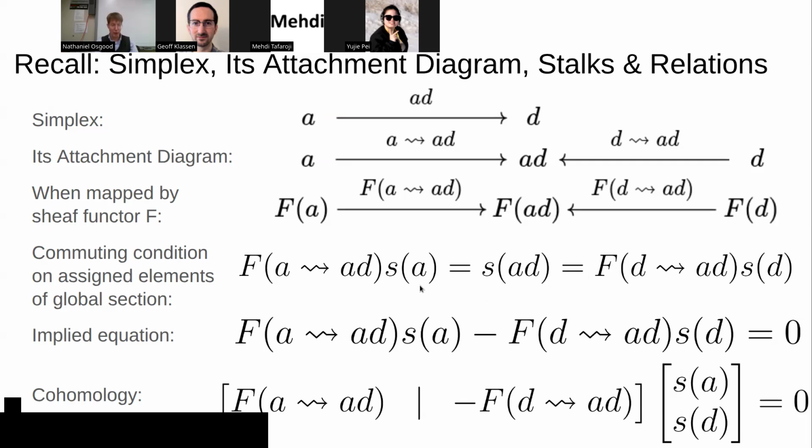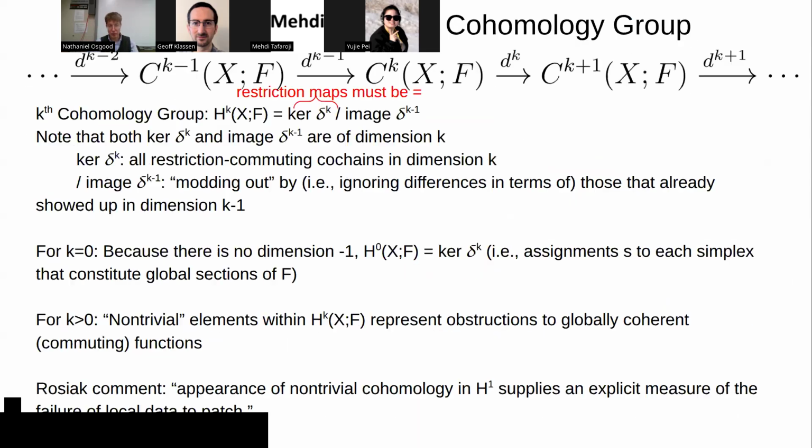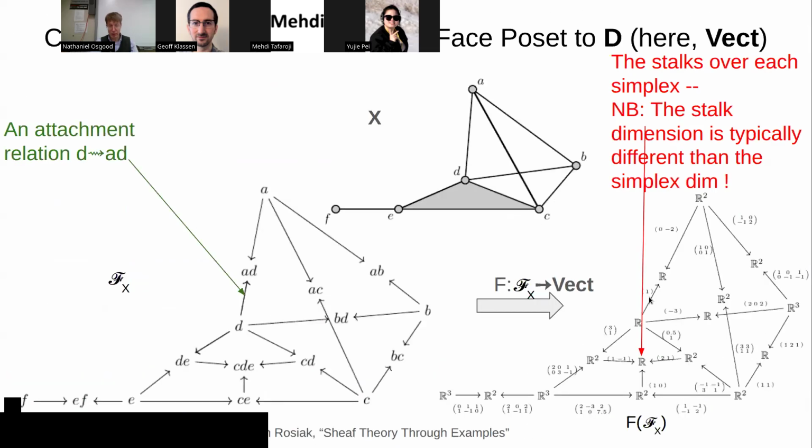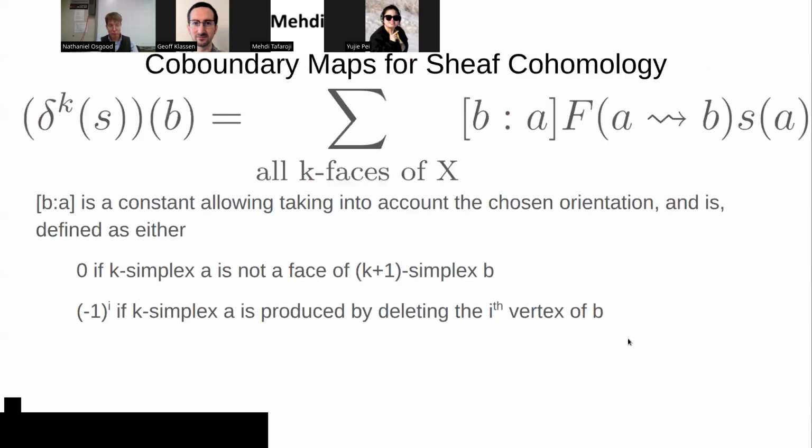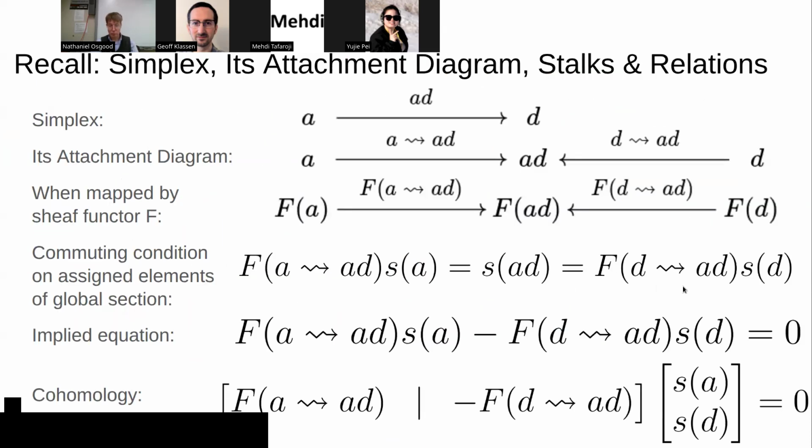We're operating with data, for example vector spaces here. We have vector spaces associated with all these things. This is some vector over the data for AD.